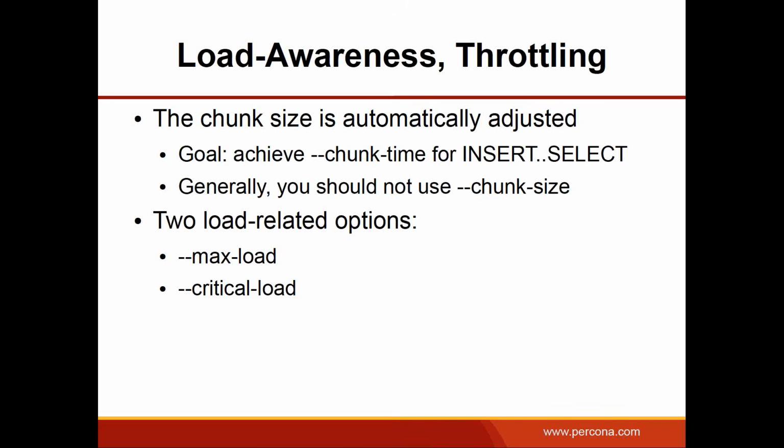And this critical load, I think, is set at 50 by default, 50 threads running, where the tool will throw up its hands and say, wait, this is not going well at all, and I bail out. So those are there to prevent bad things from happening. In practice, I have not seen either of these two limits being hit, but we brainstormed about every possible way that this could go wrong, and these were a couple of the things that we thought of that we could add protections in for.